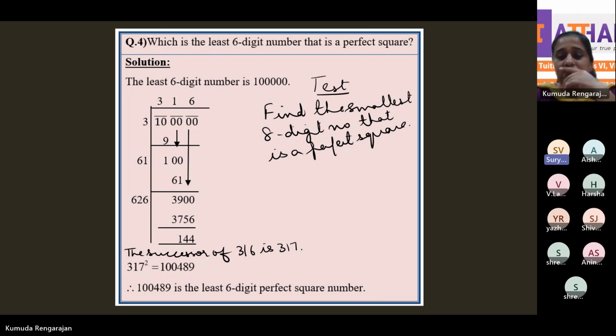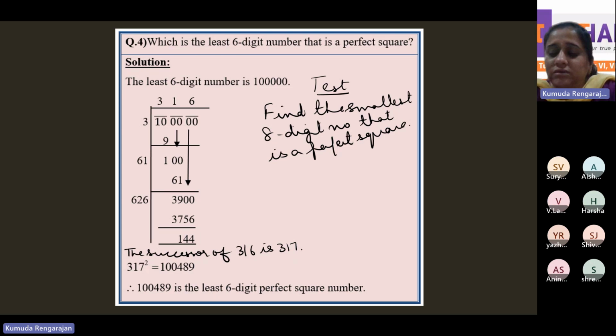Ma'am, I have a small doubt. Yes, Surya, please ask. Ma'am, in the greatest 5-digit number, why are we subtracting the remainder? In the case of least 6-digit number, why are we finding the square root of the quotient? Not the square root, the square of the quotient. Okay, see.